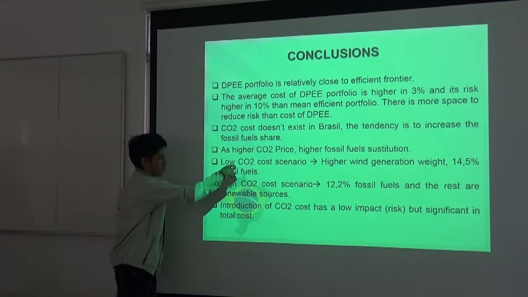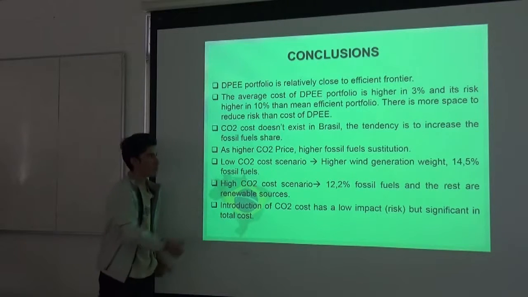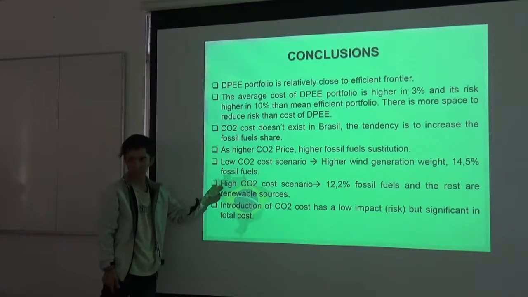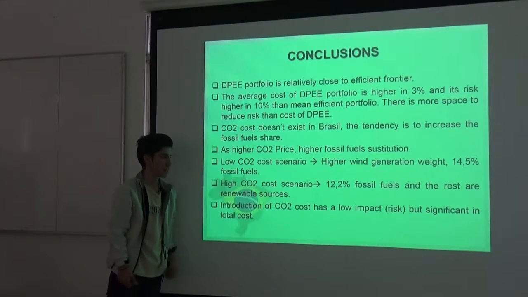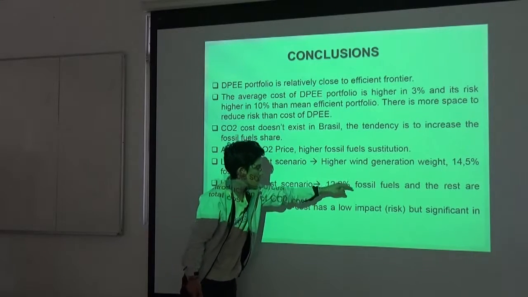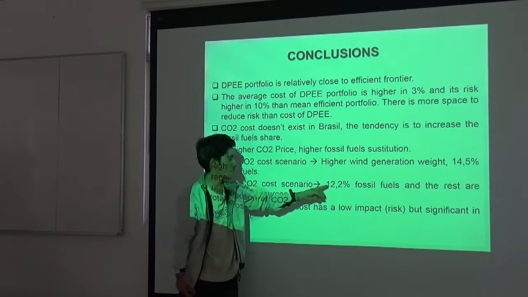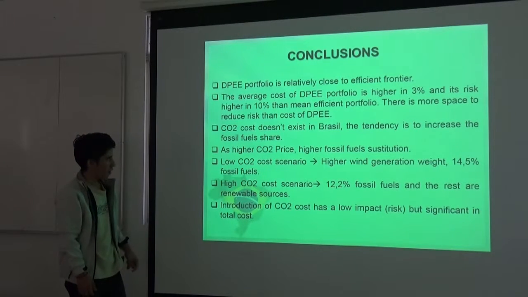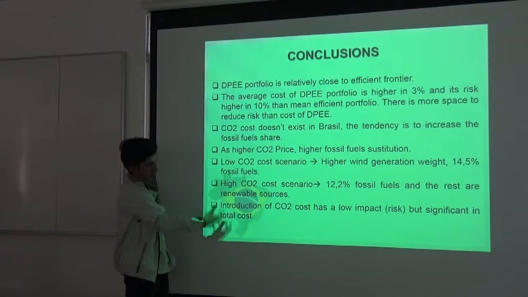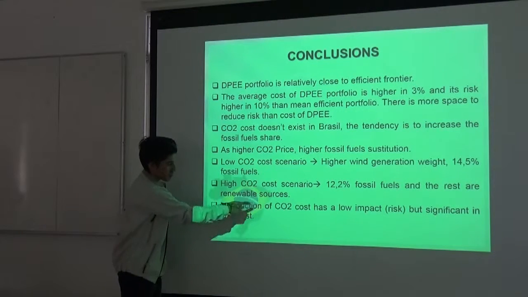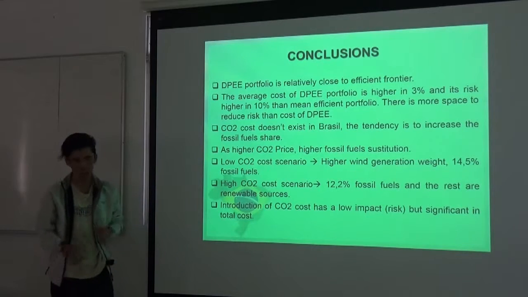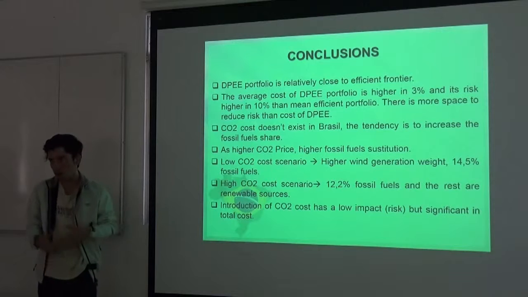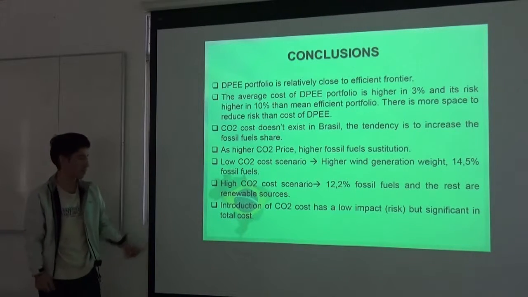For example, when the low CO2 cost is 90, we need high wind generation, and in the other scenario, when the price is high, we need investment in fossil fuels. 12.2%. And finally, for our presentation, the introduction of the CO2 cost has a low impact, but it is really significant only in the total cost.